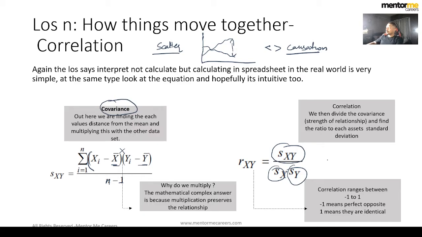If you divide that, you get answers anywhere between -1 and +1. -1 means negative correlation, which means something like gold: gold goes up, equity goes down. And +1 says a strong correlation. So Nifty 50 and, let's say, Nifty Midcap would have a similar relationship, because both are equity, so you would have a positive relationship here.